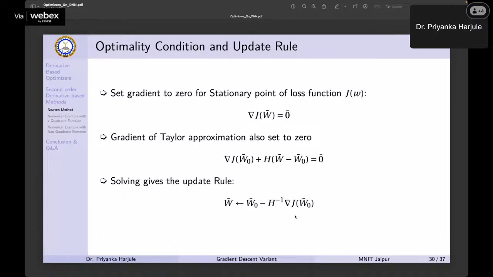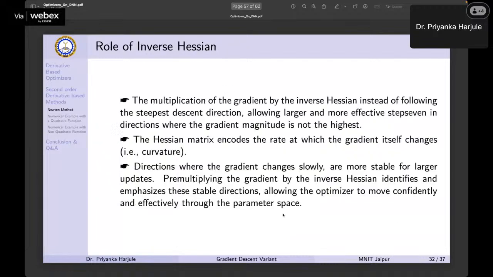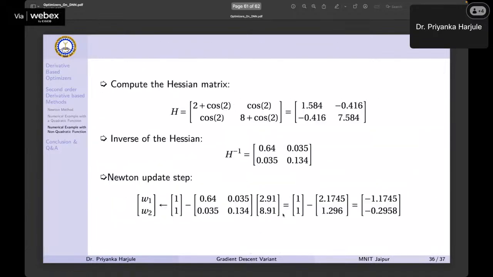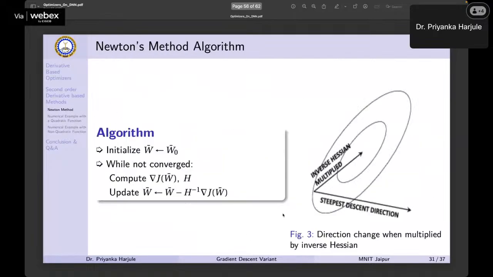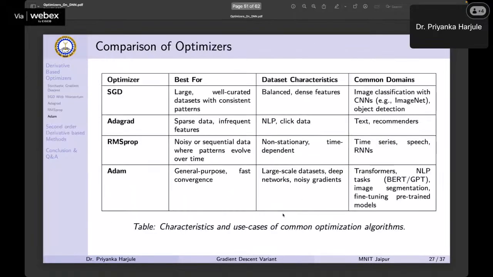This update is directly obtained from the optimality condition, and therefore there is no learning rate here. This update approximates your loss function with a quadratic function and moves exactly to the minimum.